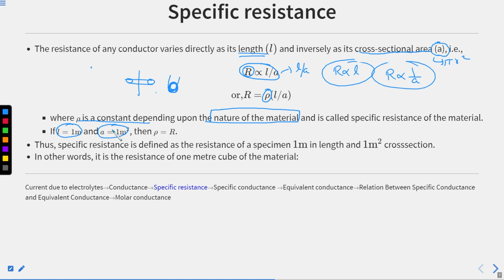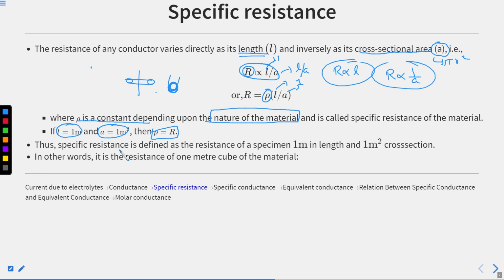Then in that case, the resistance will be equal to the specific resistance. If you put this value 1 and this value 1, you will end up getting this formula: rho is equal to R.